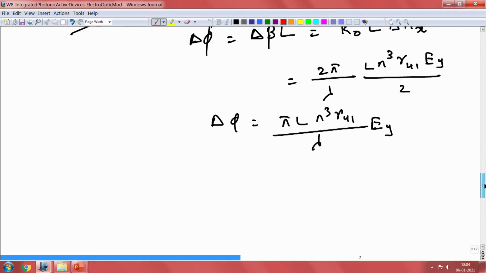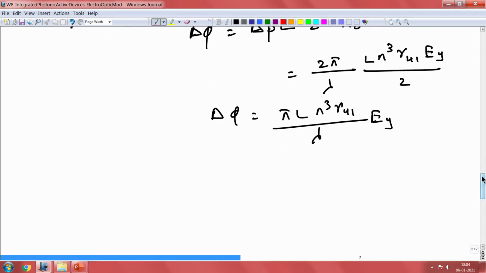So what is required to get pi by 2 phase shift, right? For pi by 2 phase shift, how much is required?